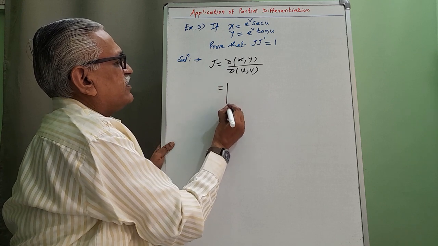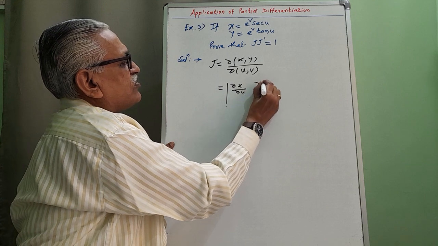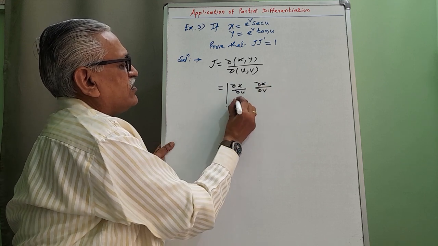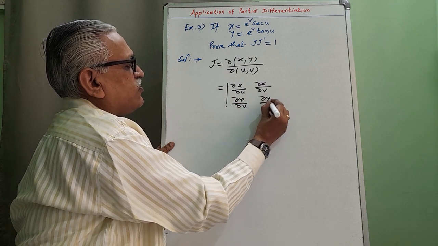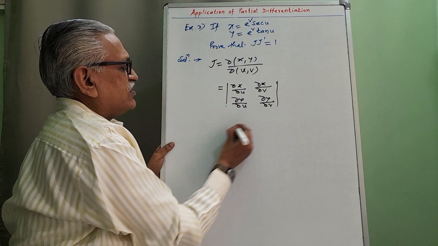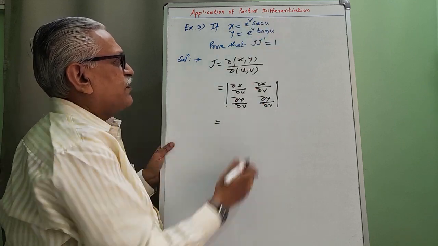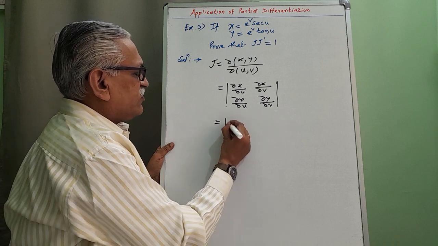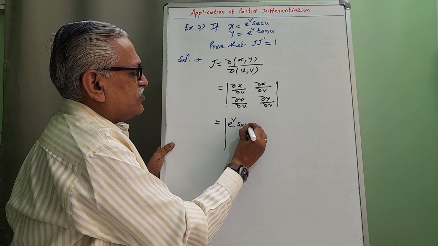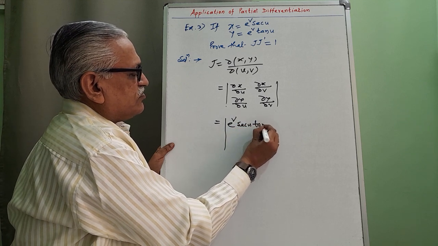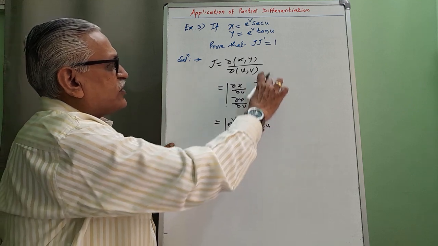This is nothing but the determinant of dou x by dou u, dou x by dou v, dou y by dou u, and dou y by dou v. Differentiating x with respect to u, keeping v constant, e raised to v is a constant term, and the derivative of secant u is secant u into tan u. Then differentiate x with respect to v.